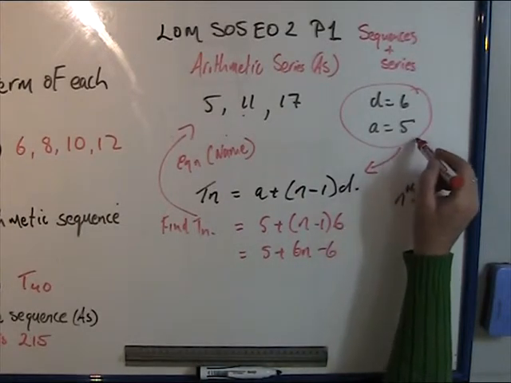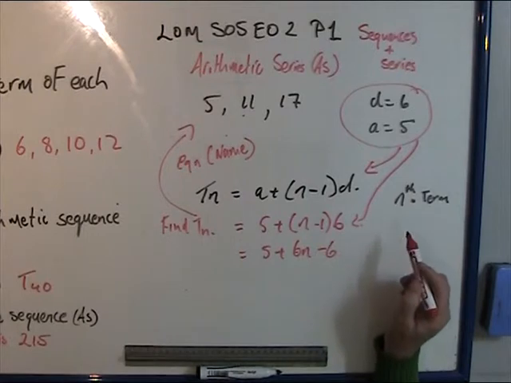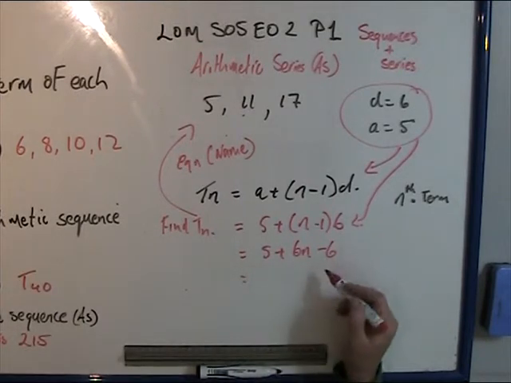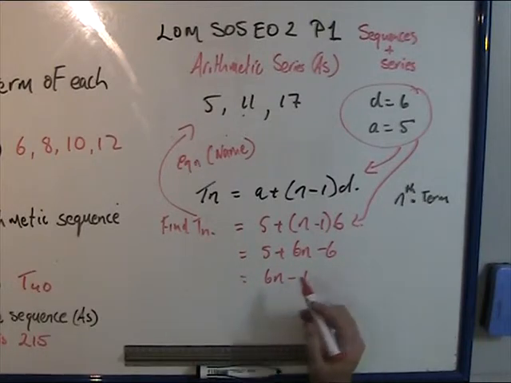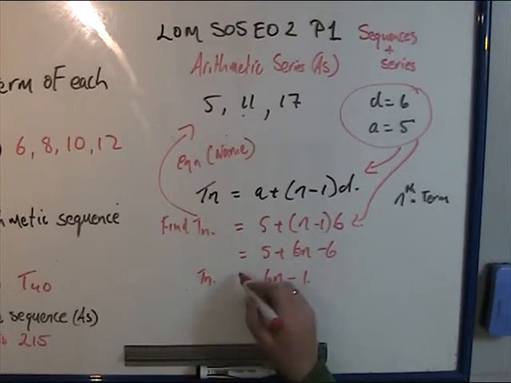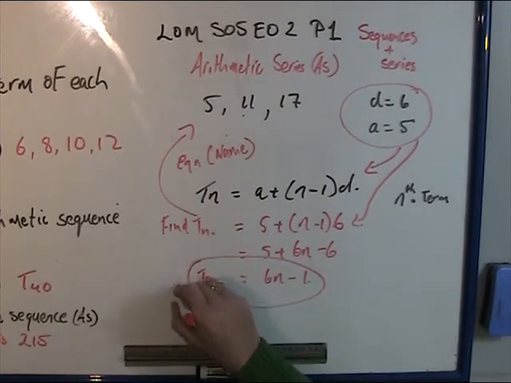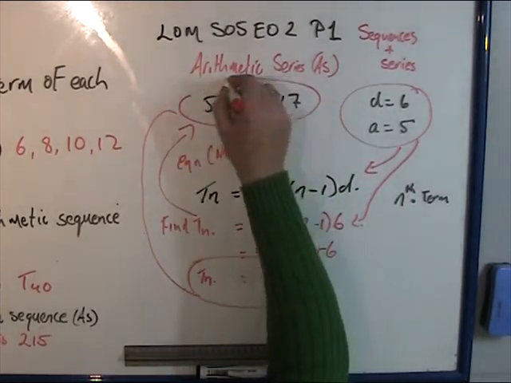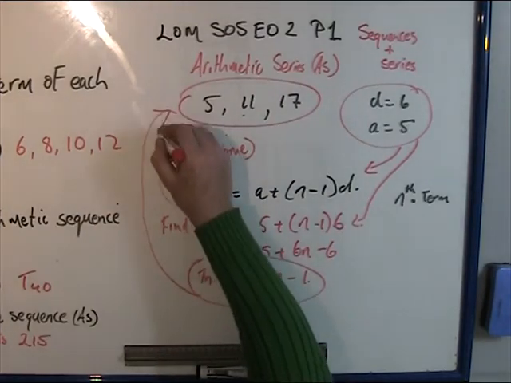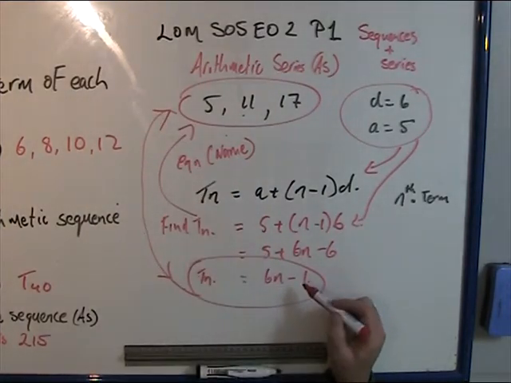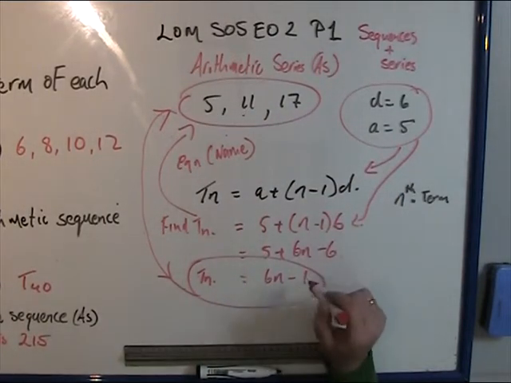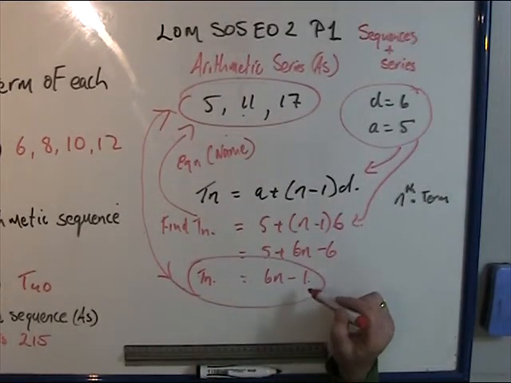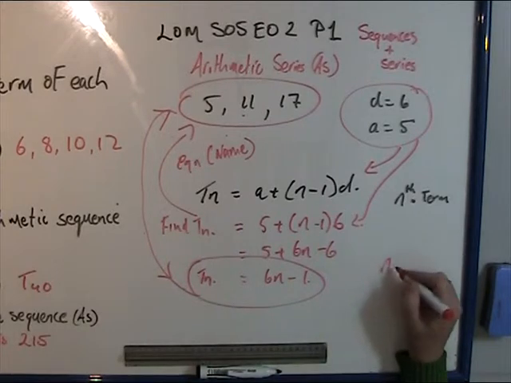Now you can see where they have come from. I end up with an equation, and it becomes 6n minus 1. So this equation is related to the sequence, it's like a name for it, and every number on this sequence has to satisfy this equation. n is the term.